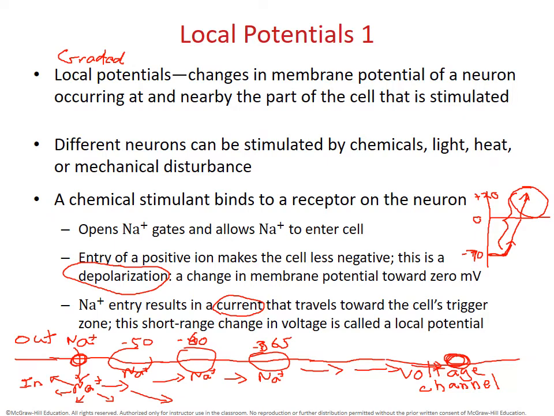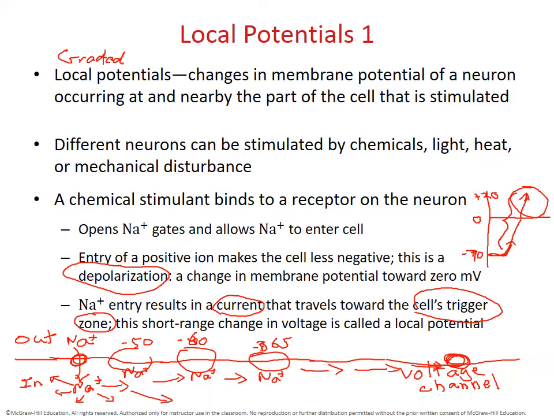Remember, where are these voltage-gated channels going to be located? Well, they're going to be located in the cell's trigger zone. So we're trying to get this signal that originated possibly in the dendrites. We're hoping that it's strong enough so that as it spreads and weakens, by the time it reaches the trigger zone where the voltage channels are, it might still be strong enough to trigger an opening of the voltage channel. And then something novel, something different is going to happen.